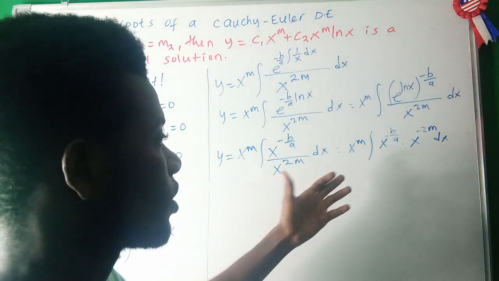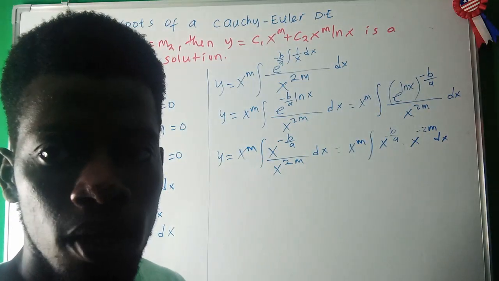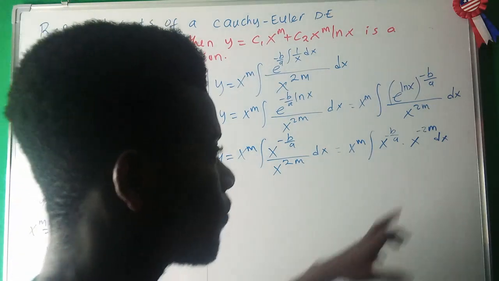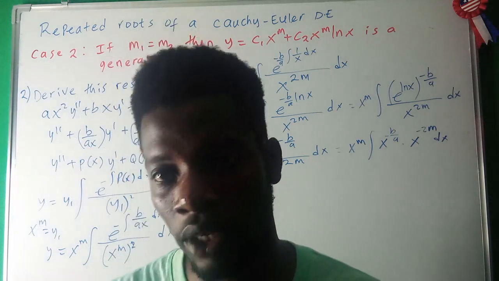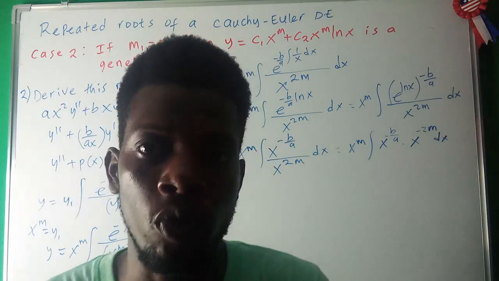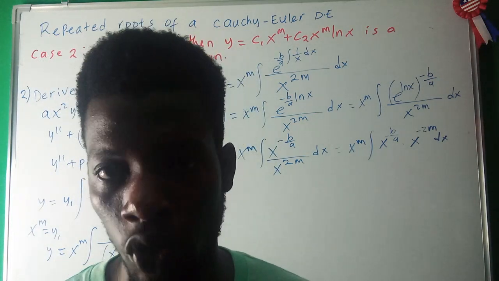So this is what we will have, and then after having this, we have to know the value of m in terms of the quadratic equation we solve, which has a double root, because we assume that the roots are double.